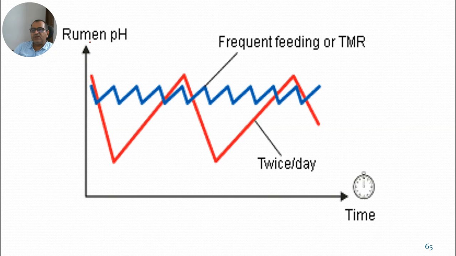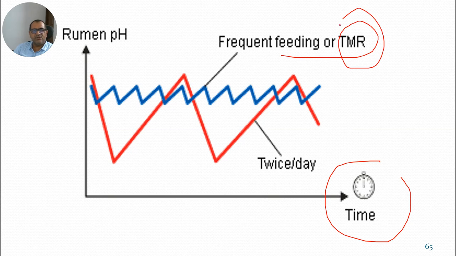Here you can see a curve versus time, and the frequency of feeding or total mixed ration, TMR. As we go on feeding the animal, the rumen pH also changes.